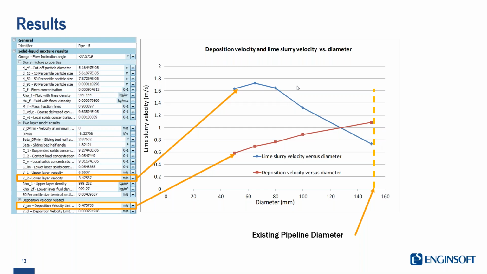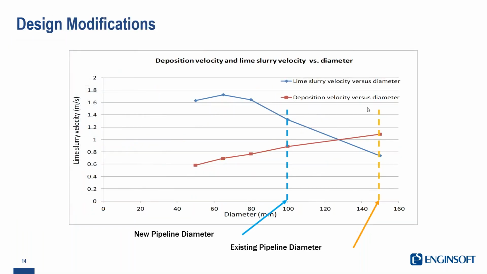meantime also the lime slurry velocity should not be too low. So the mean velocity, so the velocity of the mixture between water and particles, should be high enough to have a continuous flux and transportation of the lime. So the idea is to have a redesign.